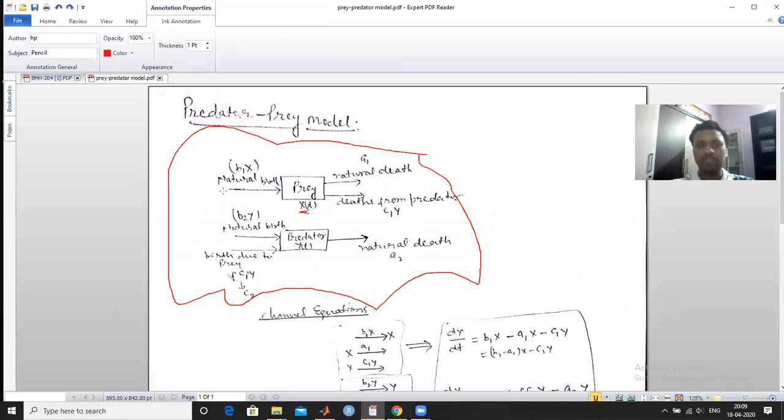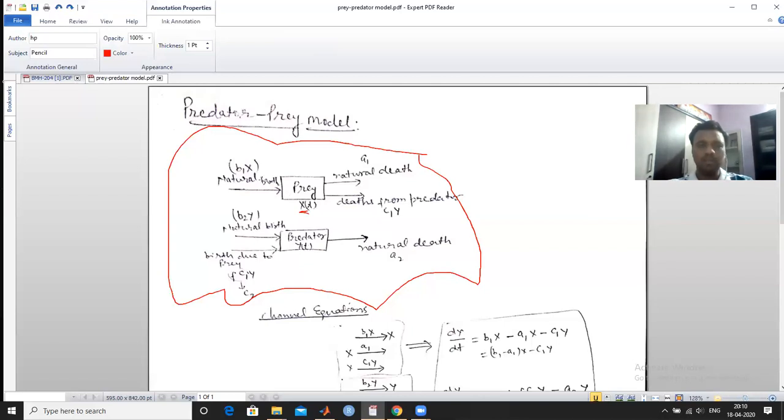As we have already discussed, there will be natural birth for the prey, but death will be natural as well as due to the presence of the predator. So there are two types of death for the prey, and for the predator there are two types of birth: natural birth and birth due to the prey. Because they are eating the prey, the production rate of the predator will increase, and there is also natural death of the predator. So now, what will be the rates?